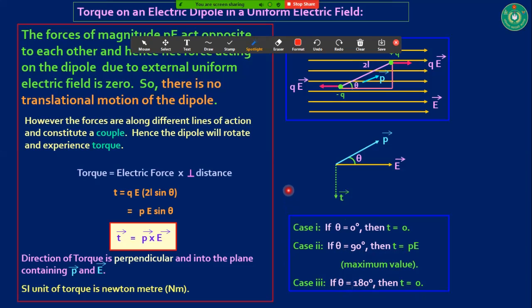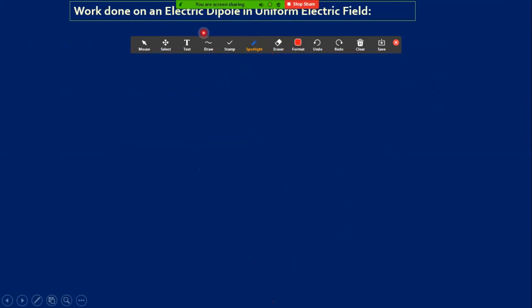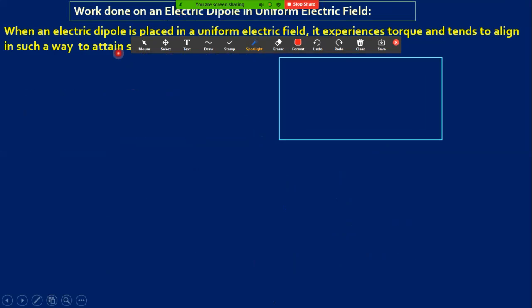Now my dear boys, we are going to discuss the amount of work done due to torque in an electric field due to electric dipole moment. Let's see. Work done on an electric dipole in a uniform electric field. When an electric dipole is placed in a uniform electric field, it experiences torque and tends to align in such a way that the dipole moment will regain the equilibrium position.